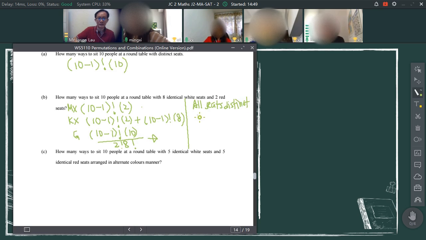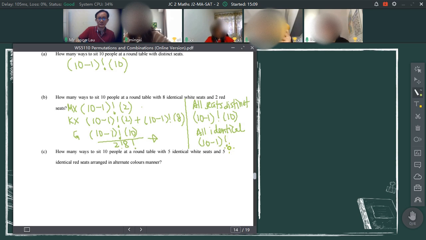Then if all are identical, it's the whole thing over 10 factorial. Like that. Is it? Maybe.